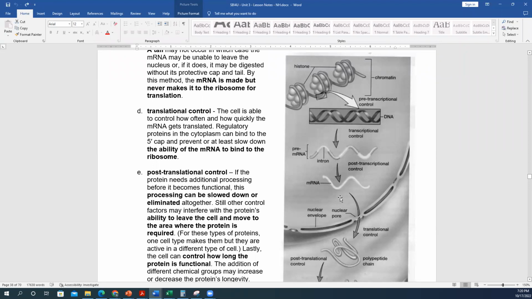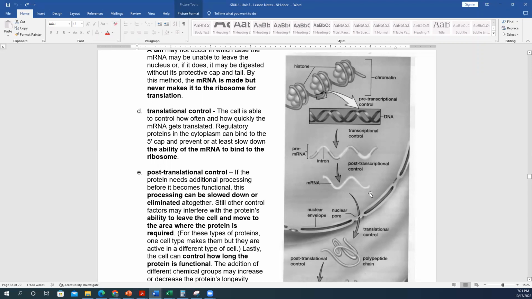It can control whether these additions occur or not. Without these modifications, the mRNA is not able to leave the nucleus, or even if it happens to leave the nucleus without those modifications, it gets quickly digested without its protective 5' cap and its poly A tail.